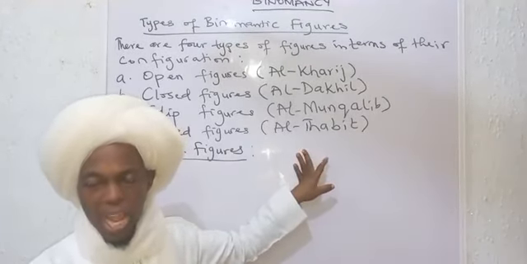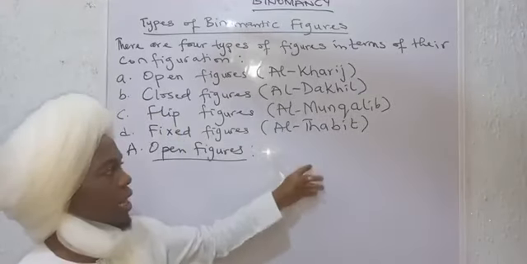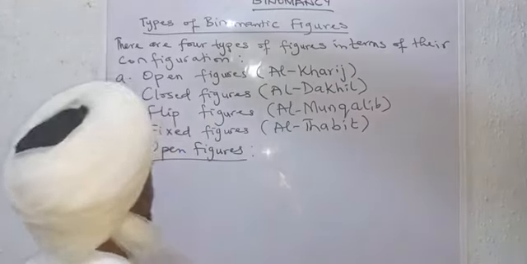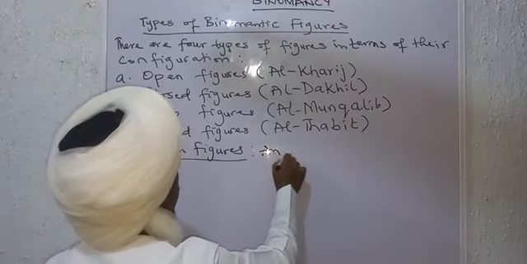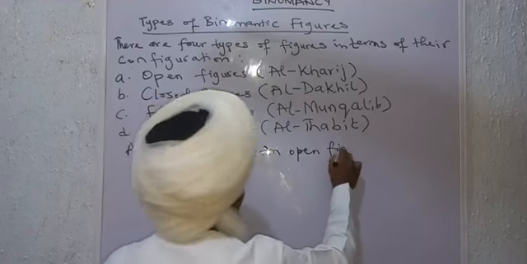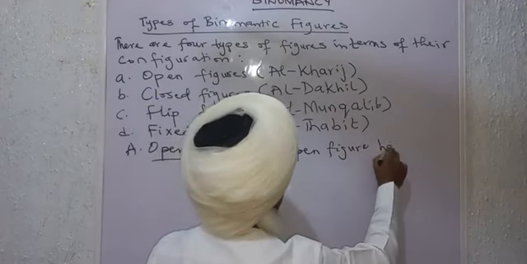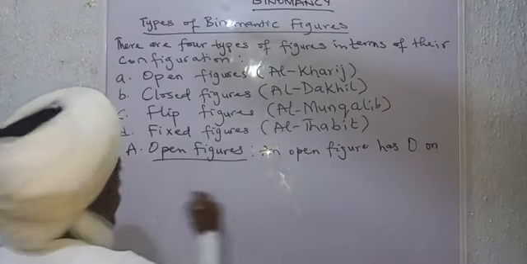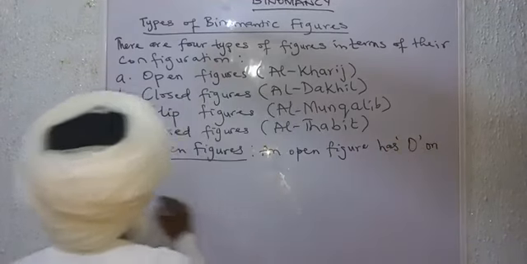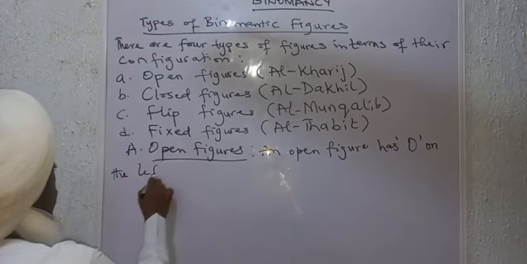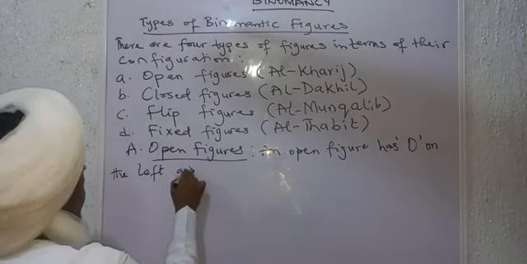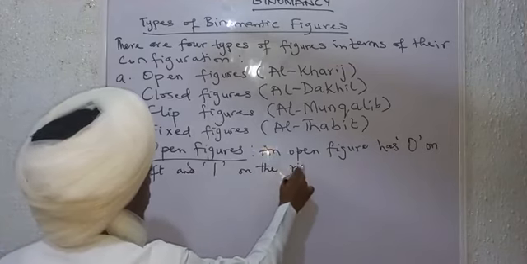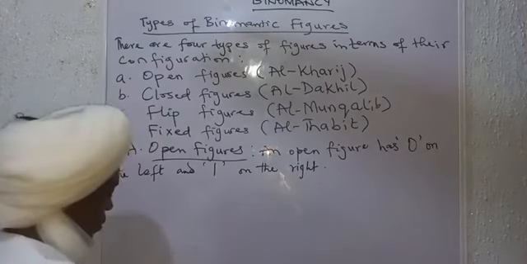Any figure that has 0 on the left and 1 on the right, that is an open figure.